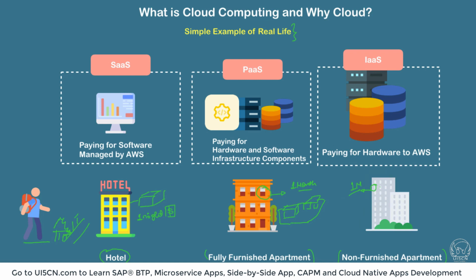Now, in the case of a non-furnished apartment, he's just going to get an apartment. There is nothing there. If he needs a table, chair, bed, or stove to cook food, then he needs to purchase everything for that particular house. So he basically needs to pay for everything and put it in the house if he needs to use it. So these are the three cases.